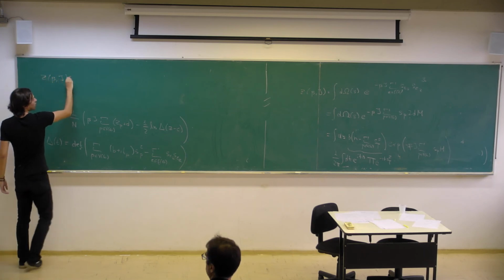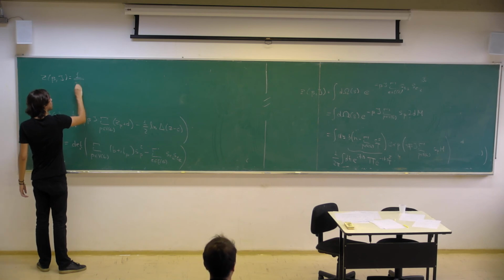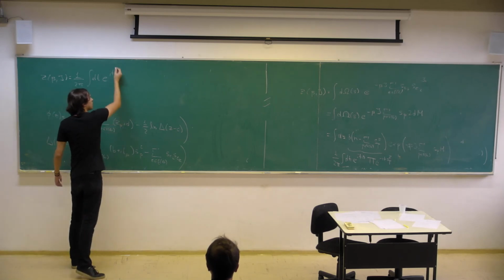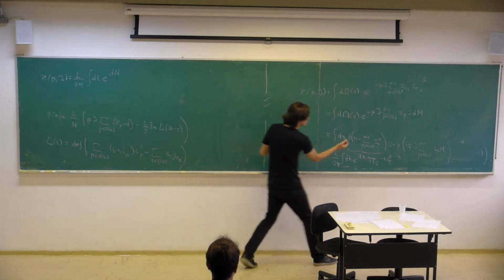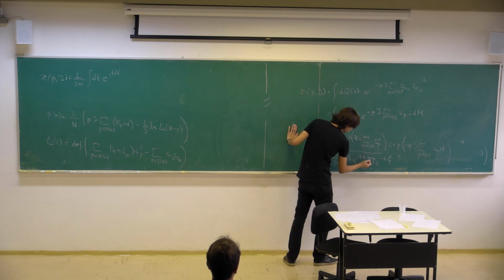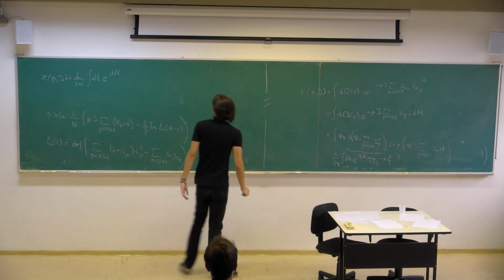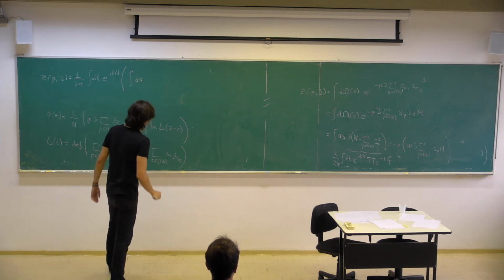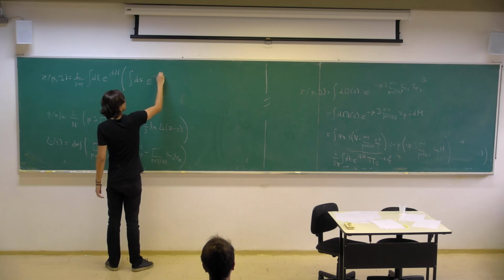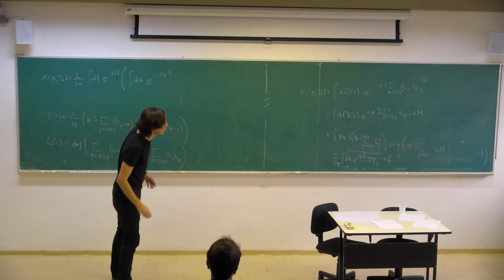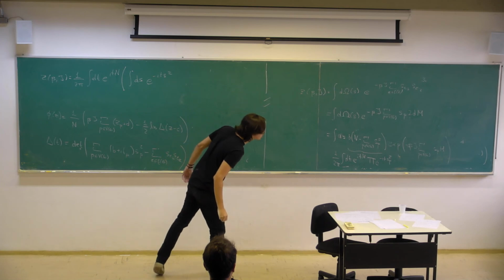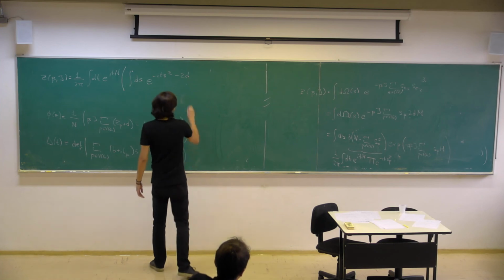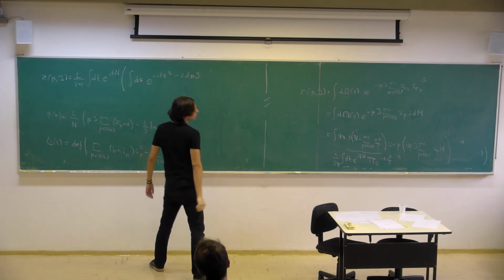So at the end, if I switch the integrations without thinking about it, I would get 1 over 2 pi, the integral dt of e to the itn. And then I would get the integral ds of e to the minus it s squared minus 2d e to the j s m.